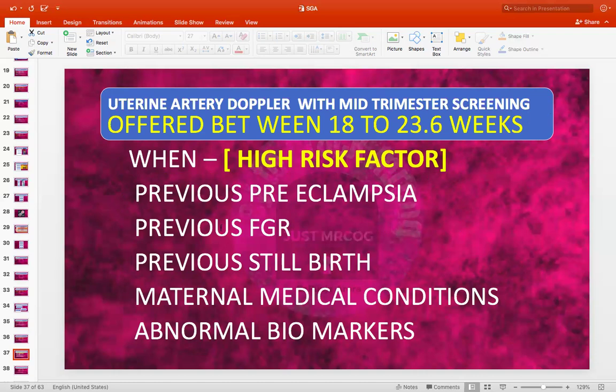And what are those factors? Previous preeclampsia, previous FGR, previous stillbirth, maternal condition, abnormal biomarkers. Then between 18 and 23+6 weeks, we are going to offer these two together.